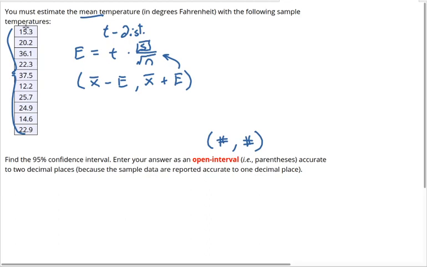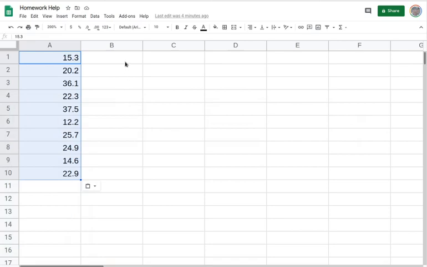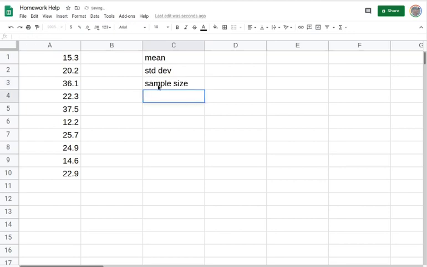I'm going to copy all this data into a spreadsheet using Google Sheets. And now I'll put my mean next to this cell, my standard deviation here, my n, that is my sample size. Let's call it sample size. And then I'll also use a spreadsheet to get my T critical value.